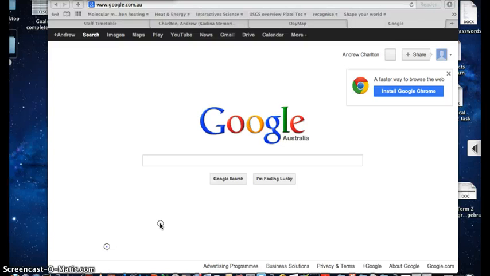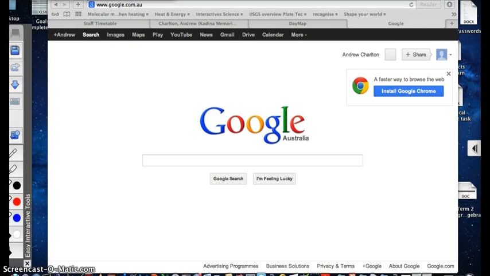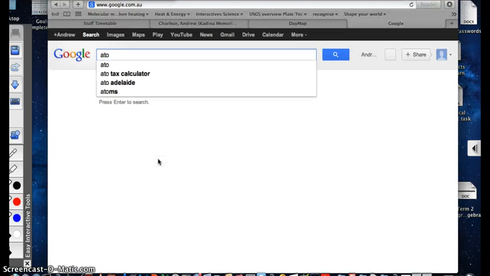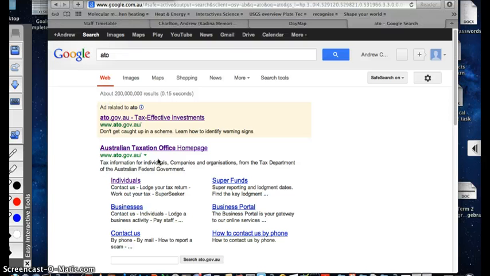All you do is go to your favourite little search engine, okay, and you type in there ATO, which stands for the Australian Tax Office, okay. When you go there, this site will come up. You're an individual, all right, whatever you're going to be earning, that comes under individual.